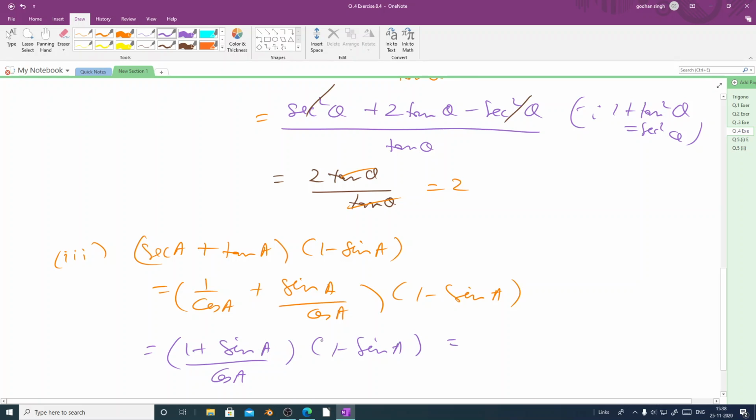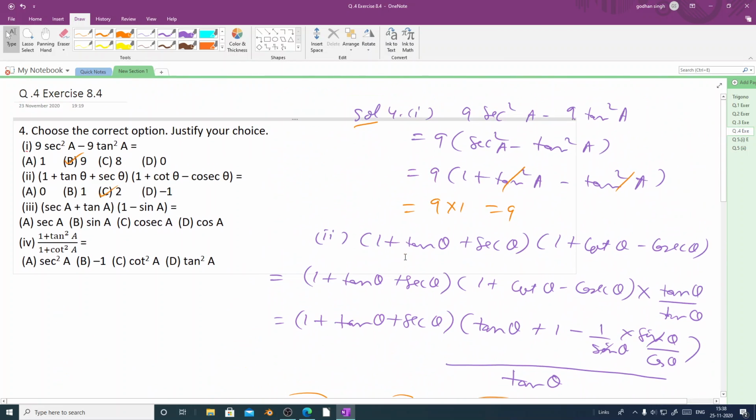Again we can apply the formula of a plus b into a minus b, so we will be getting 1 square minus sine square a over cos a, and 1 minus sine square a is nothing but cos square a, so cos square a over cos a, and that will give us cos a. So the answer of question number 4, third part, will be cos a. So cos a is written here, yes. Also option D is correct. So option D is the correct answer.